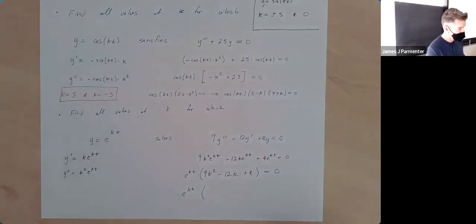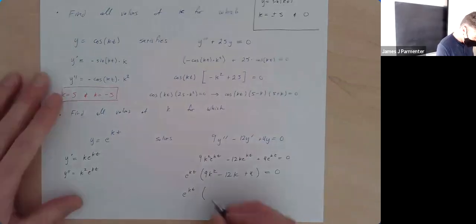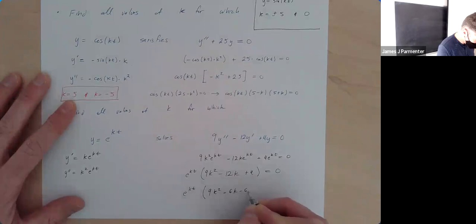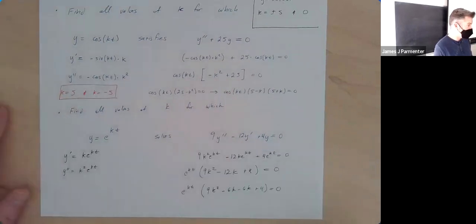So here's what you can do with that -6 if you want to do it that way. You can write it as 9k squared minus 6k minus 6k plus 4, and then factor by grouping. Is that what you were saying, Caroline? It's okay if it wasn't. What I imagine you were actually saying was it was going to factor like k minus 6 times k minus 6.